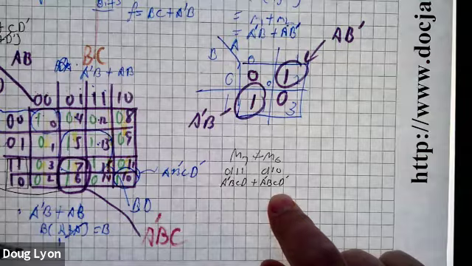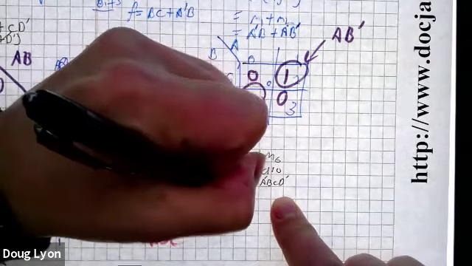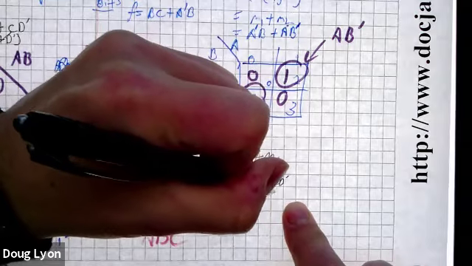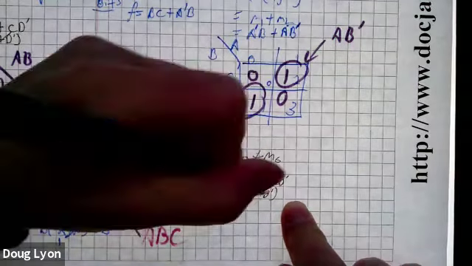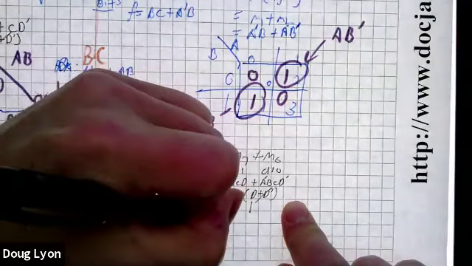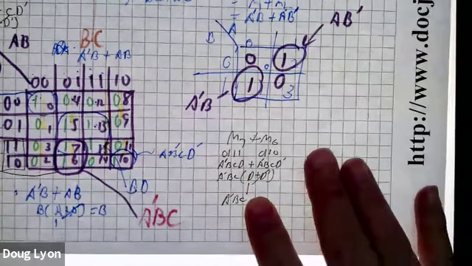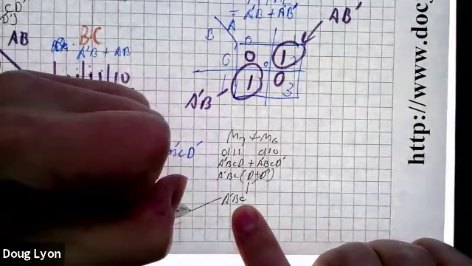One thing you can do is factor out the D. So now you have A prime B C times D or D prime, which is equal to 1. And that leaves you with A prime B C, which is what we wrote over here.